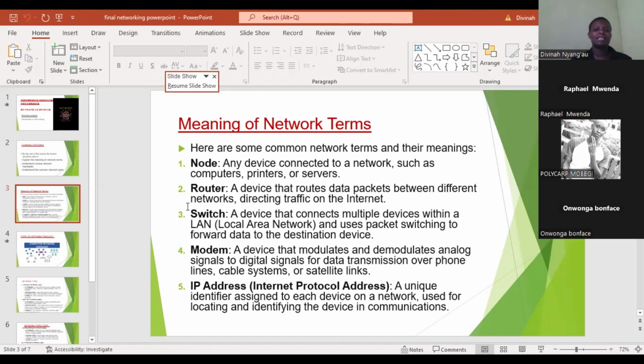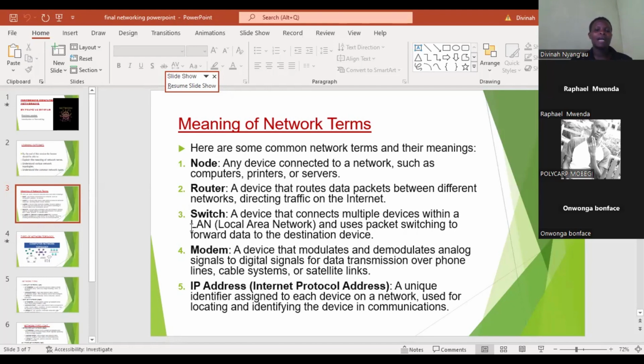A switch is a device that connects multiple devices within a LAN and uses packet switching to forward data to the destination device. We have a modem. A modem is a device that modulates and demodulates analog signals to digital signals for data transmission over phone lines, cable systems, or satellite links.